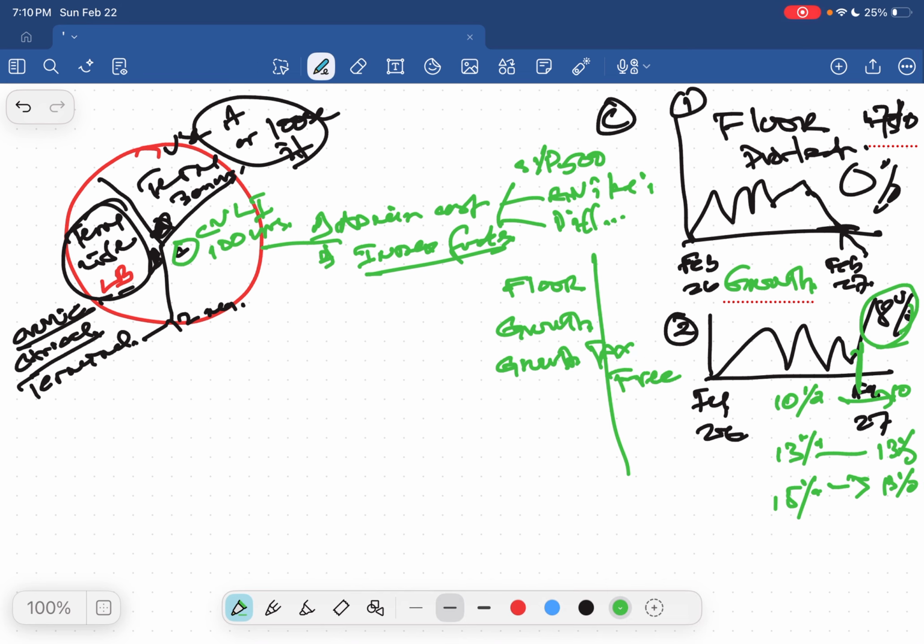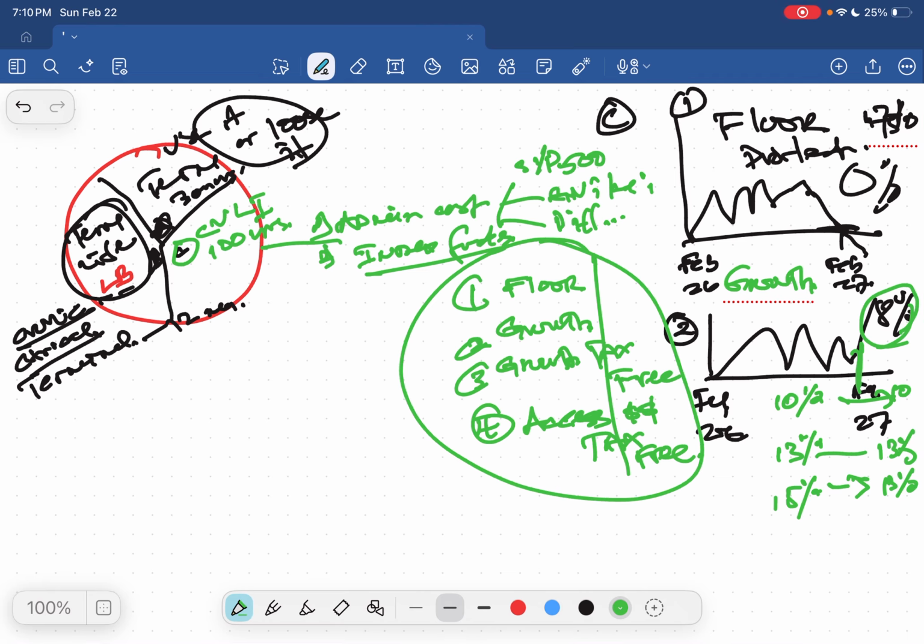Fourth reason why most people choose this type of strategy is that you can gain access to your money tax free. Very, very important.